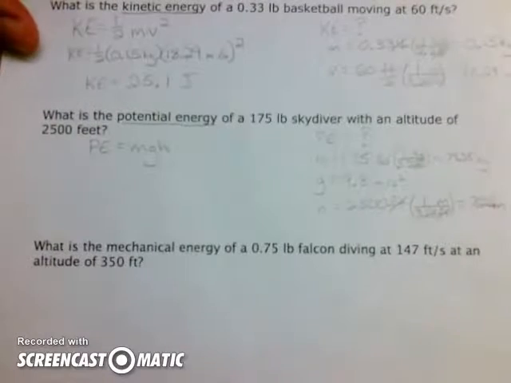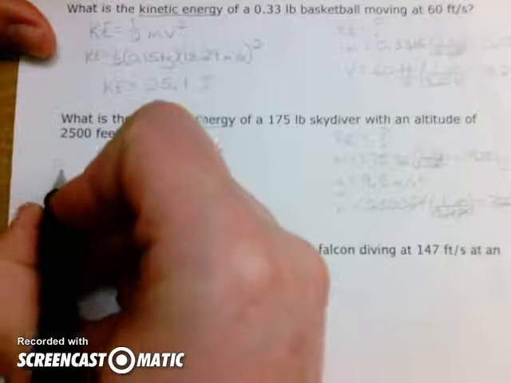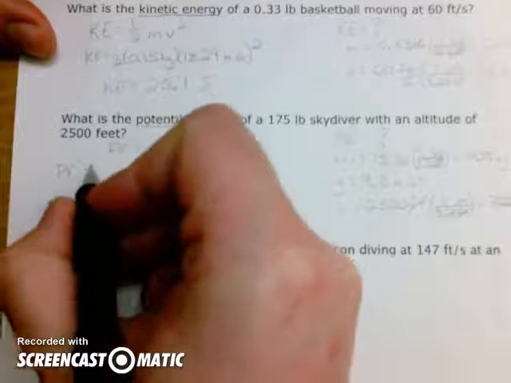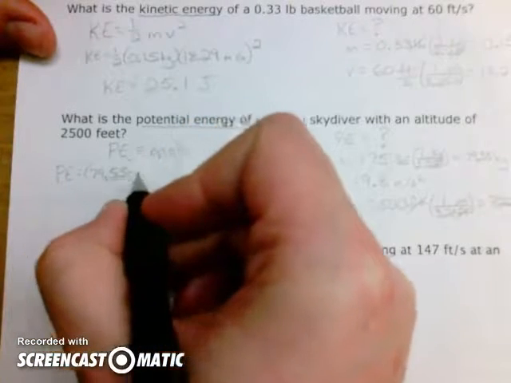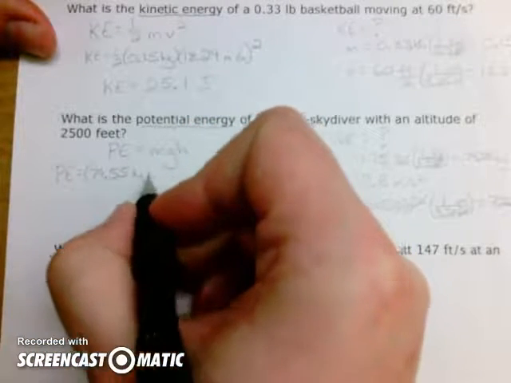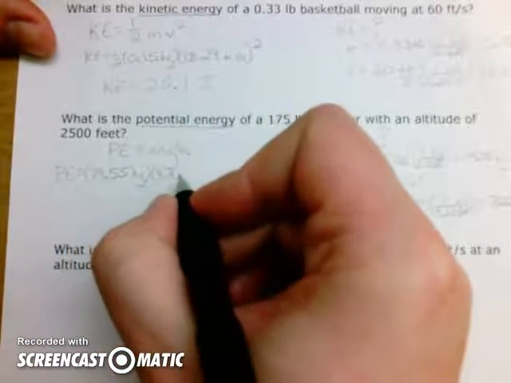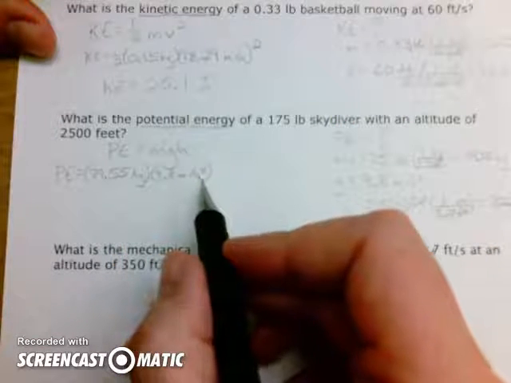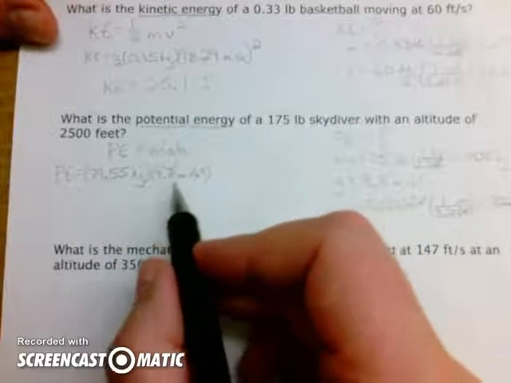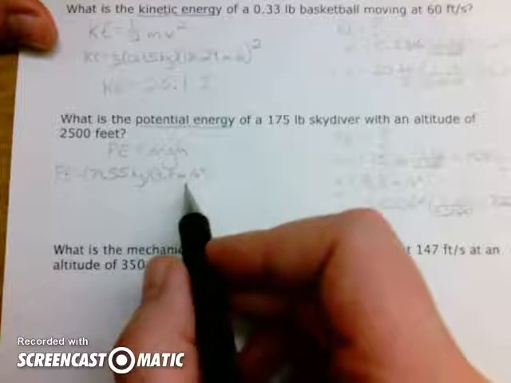Now we just plug those values into my potential energy equation. PE equals mass, which is 79.55 kilograms, times gravity, 9.8 meters per second squared. This is an acceleration, so we don't ever square the 9.8. We square velocities, but we're not squaring our gravity.